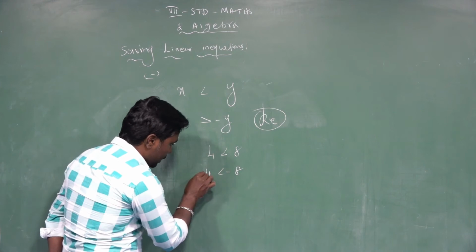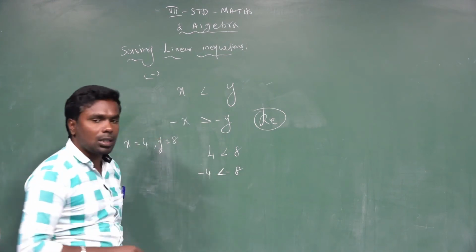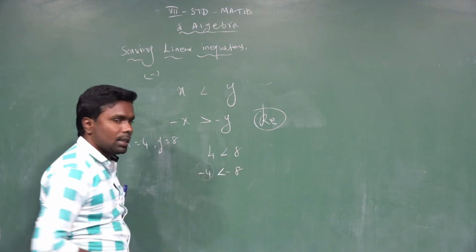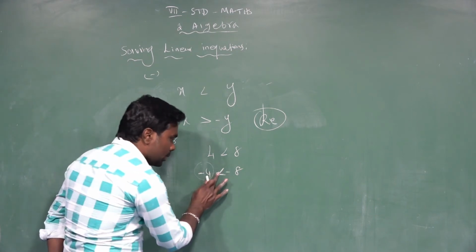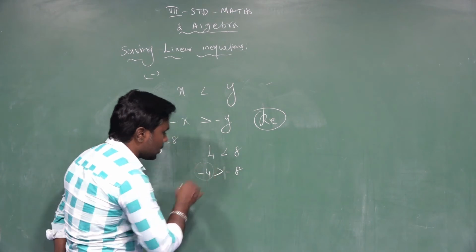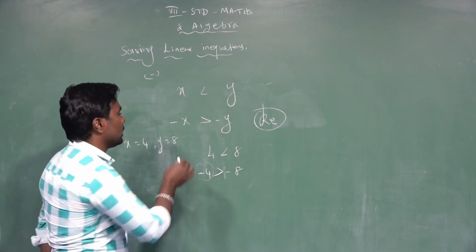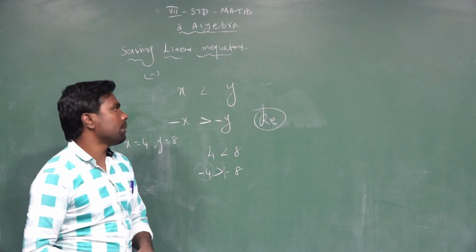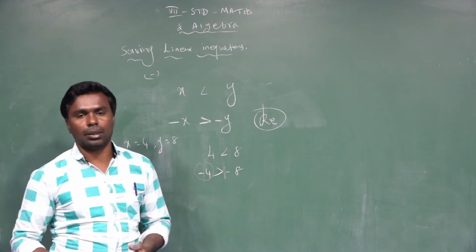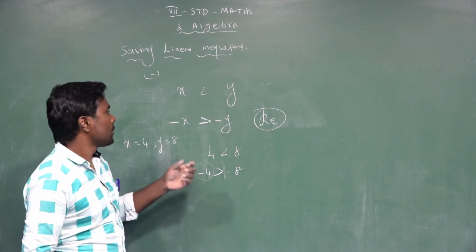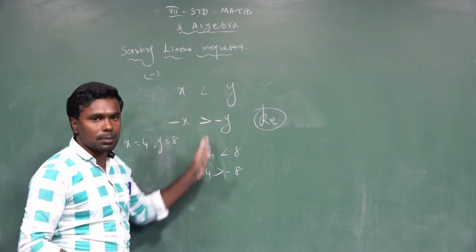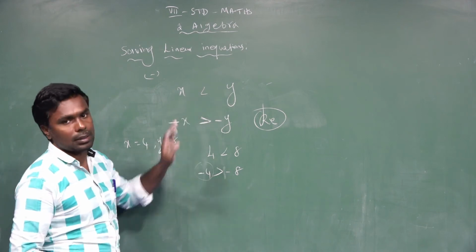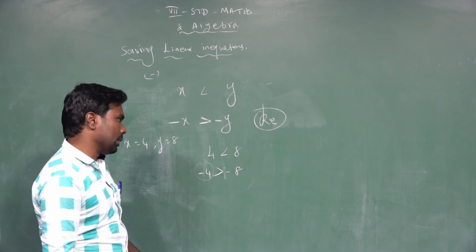Here, minus 4 is less than minus 8, which is not true, because minus 4 is the greater number, minus 8 is the smallest number. So, reverse the symbol. Minus 4 greater than minus 8. So, when we multiply by the minus symbol in an inequation, we must reverse the symbol. Less than to greater than.